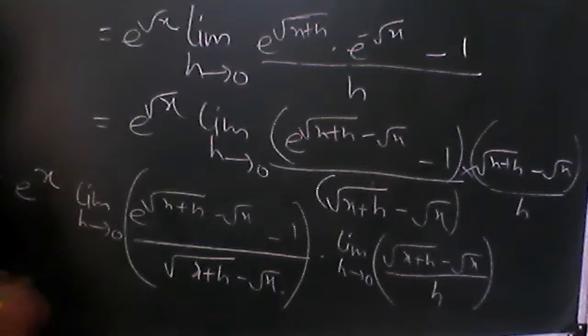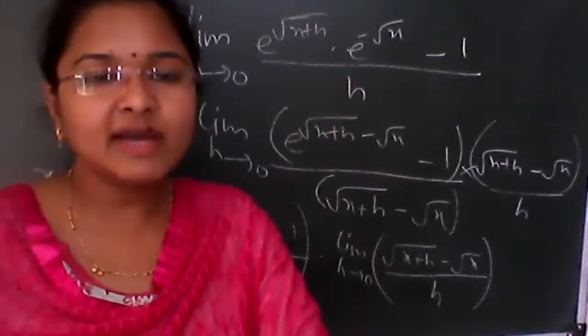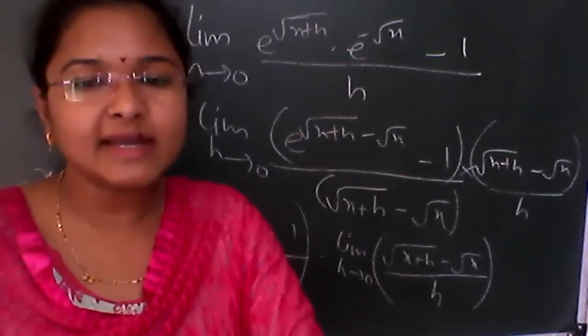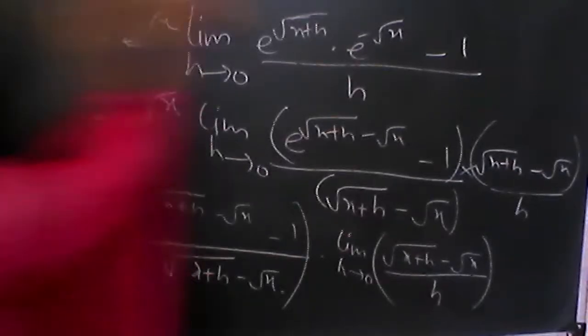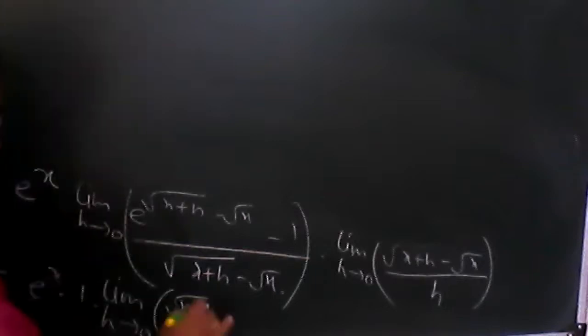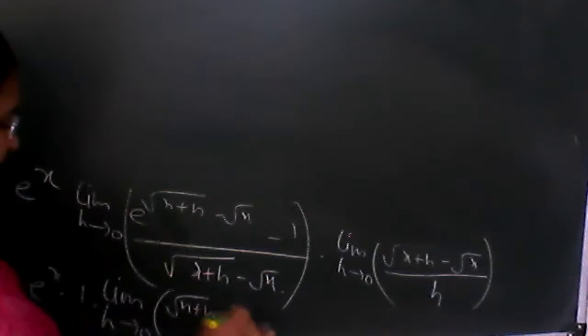Now student, here if we put h equals to 0, we are getting denominator 0, so we cannot apply the limit here, so we have to rationalize the term. When we rationalize this, what will be the numerator? We'll evaluate this limit as h tends to 0 of root x plus h minus root x upon h.